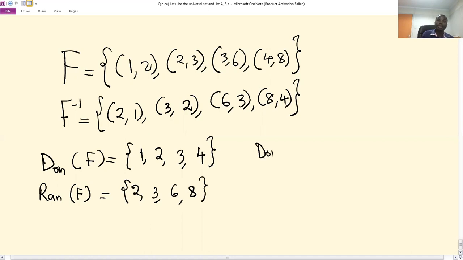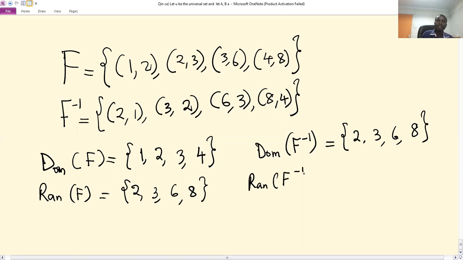Now, domain of the inverse relation is given by the first elements. We have 2, 3, 6, and then 8. And then range of the inverse relation is given by second elements, 1, 2, 3, and 4. Now, from this one, you see clearly that the domain of F is the same as the range of F inverse, and range of F is the same as the domain of F inverse.